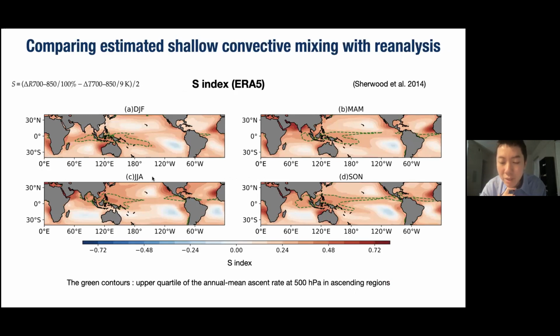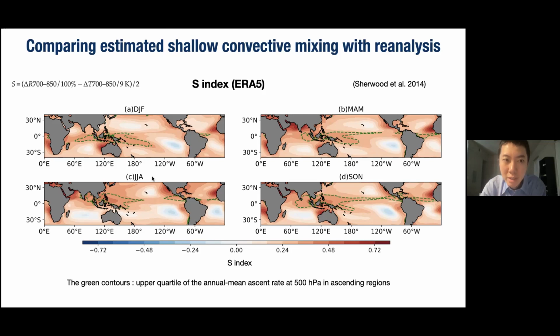Ultimately, we don't have real observations of convective mixing, and that's our research goal, but there are some proxies of convective mixing. So for example, this S index raised by Sherwood et al. 2014.